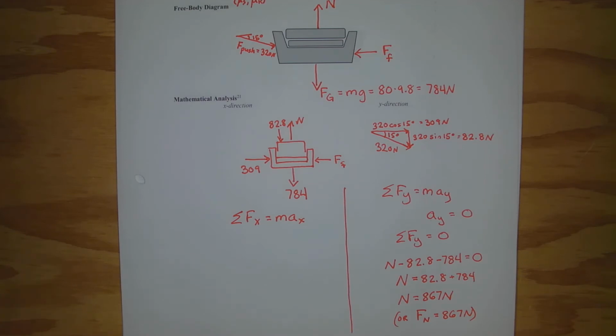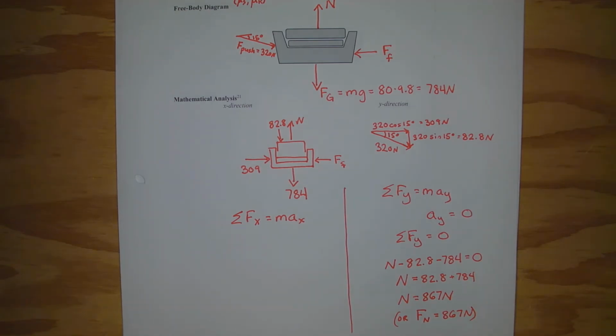Because the coefficient of static friction is greater than the coefficient of kinetic friction, if you assume the couch is moving to begin with, you will be able to find the acceleration in the x direction, but you have to push the couch harder to get it moving than you have to push it to keep it moving at a constant speed. So first we want to check to see if you're pushing with a large enough force to overcome the force of static friction and get the couch moving.